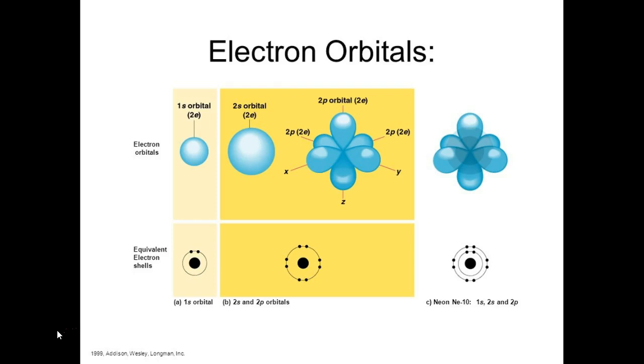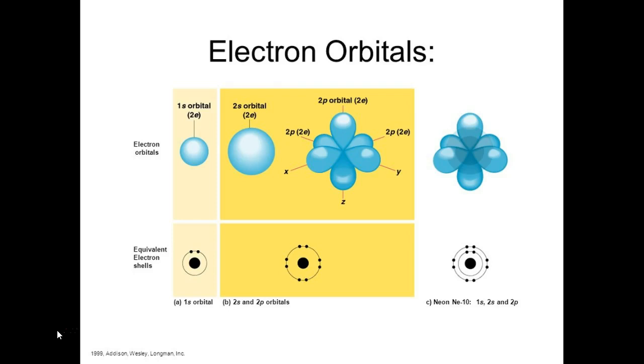For example, if we look at the 2 electrons that are closest to the nucleus, they are going to be found in an orbital that we call the first orbital. You can see it here in the left part of the graphic. Down below, you'll also notice that we can represent the same thing as what we call an energy shell.